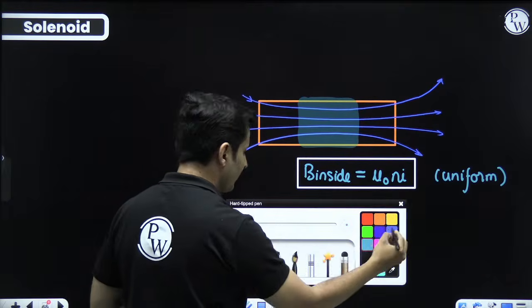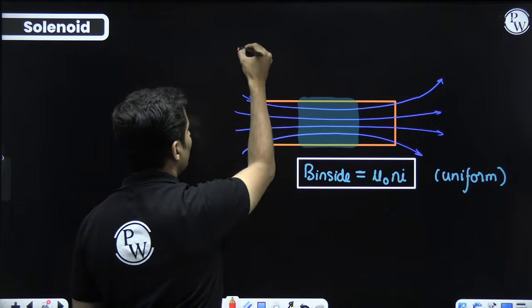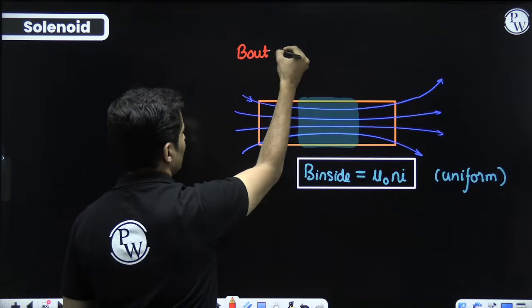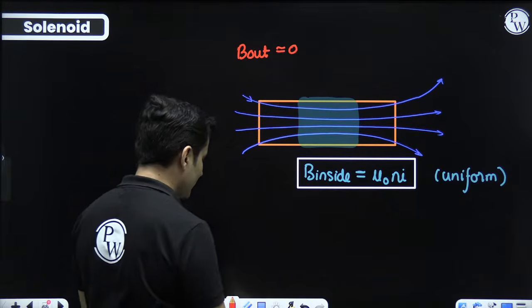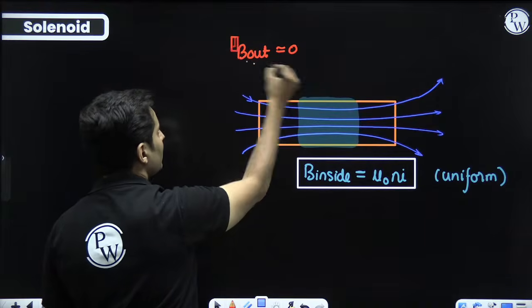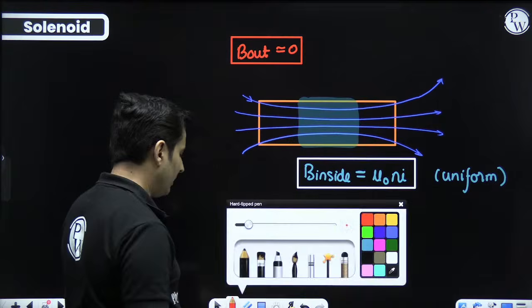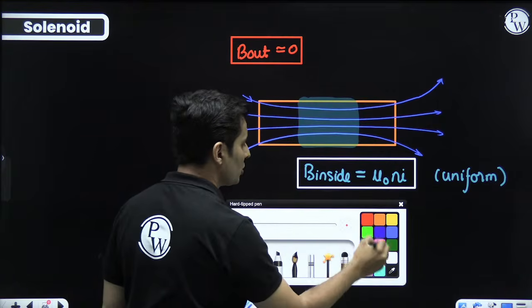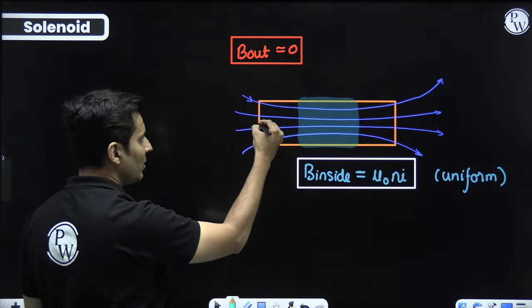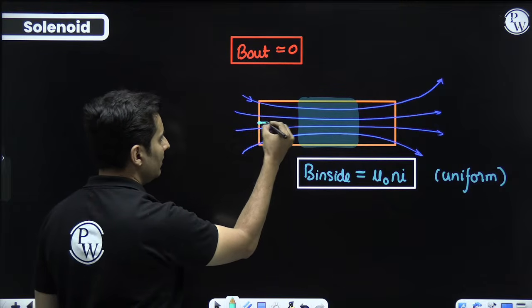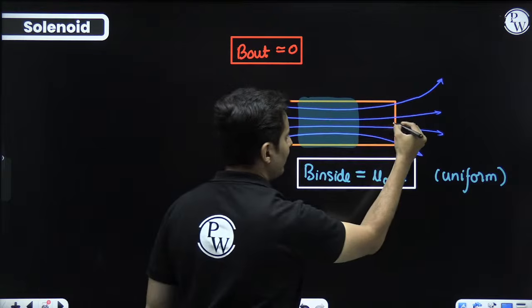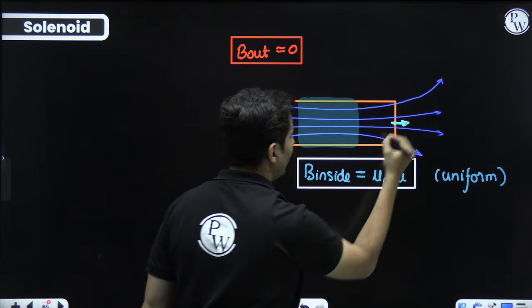The magnetic field when you are completely outside the solenoid is negligible. We just said it is going to be 0. But another important formula which you should know is what happens when you are at the end here or even here. How much is the magnetic field at the end?